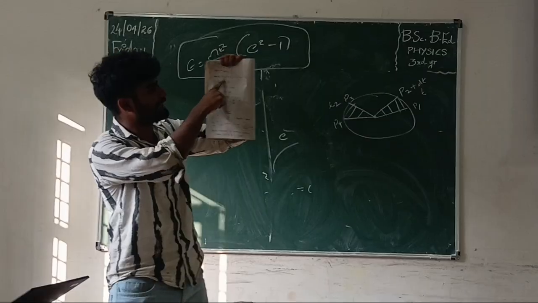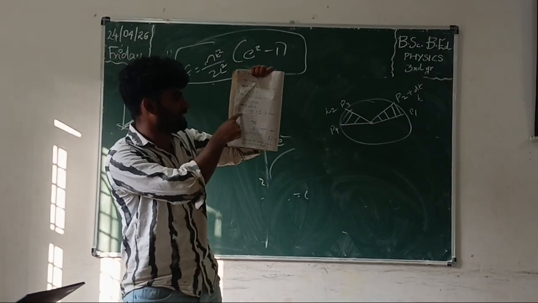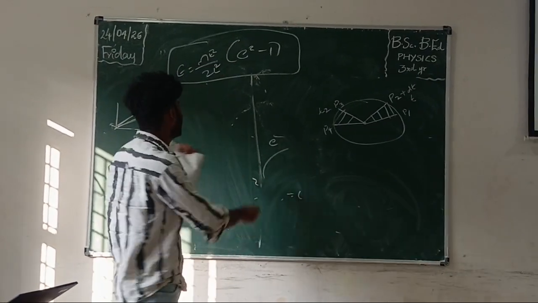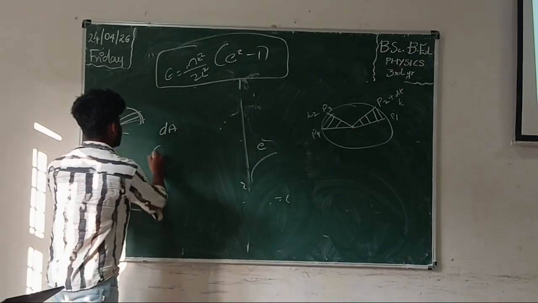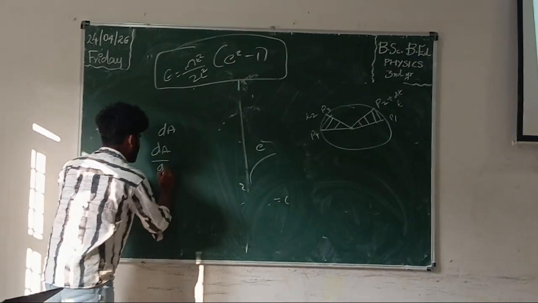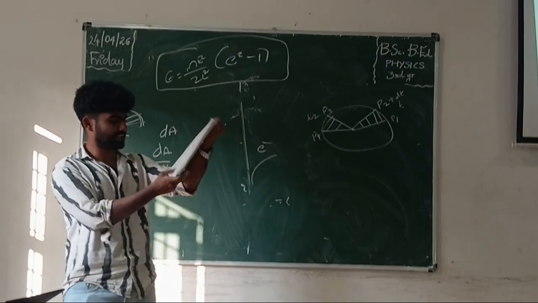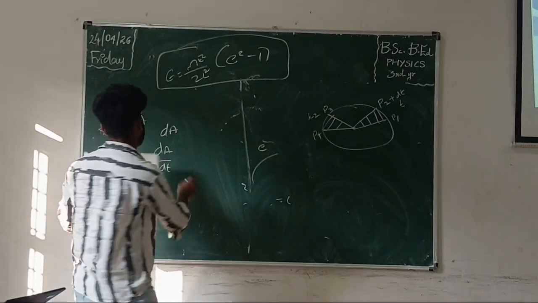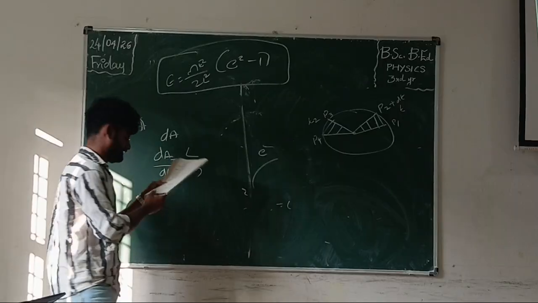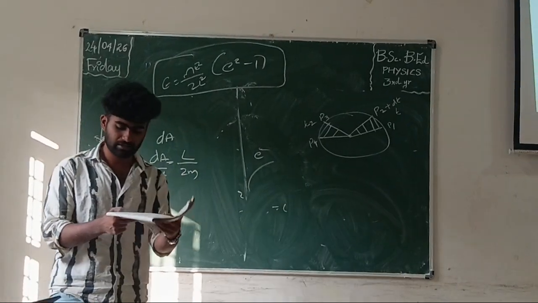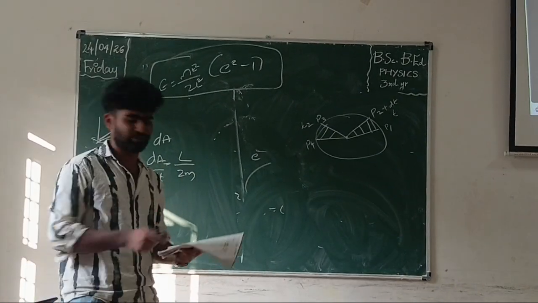From here we start our equation dA, first we find dA, then we find dA by dt, and then we find that dA by dt is equal to L by 2m, the angular momentum, for a path moving under a central force.